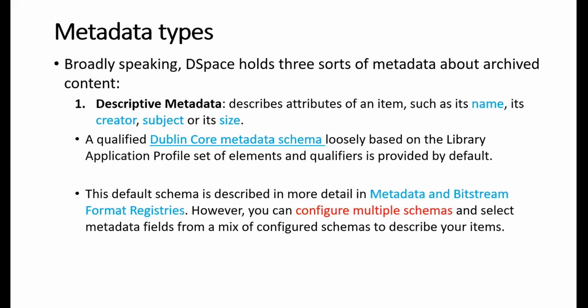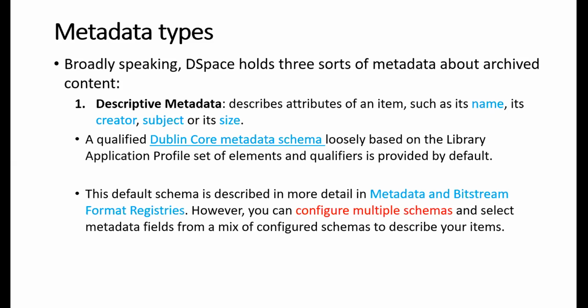There are, I think, 3 major metadata types. One is metadata that is descriptive, and this is the one that I think we're most familiar with. It's the one that describes attributes of an item. And here we talk about a title, an author, a subject, the size, and so on.